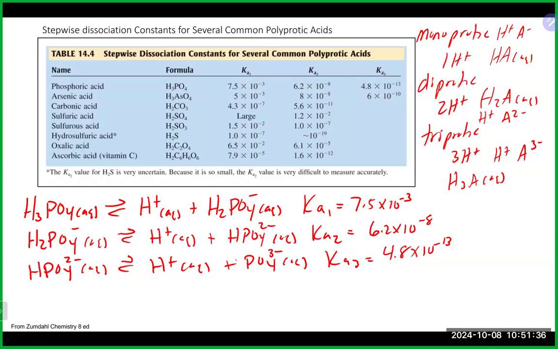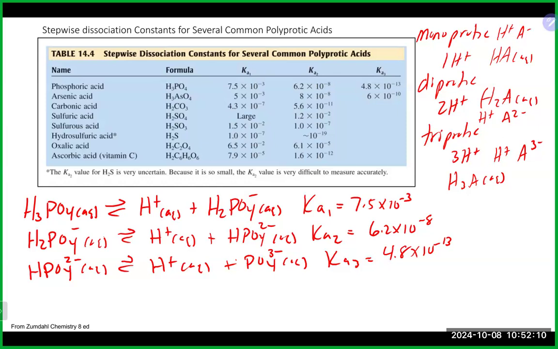I can see that this is the case because when I look at Ka1 versus Ka2 versus Ka3, what happens to the Ka values as we keep taking off a hydrogen? Do they get larger or smaller? They do get smaller. And when the K value gets smaller, that means I have more reactants than products. If I have more reactants in the second and third equations, that means I'm not losing a lot of H plus. So it gets harder and harder every time you try to remove a hydrogen.